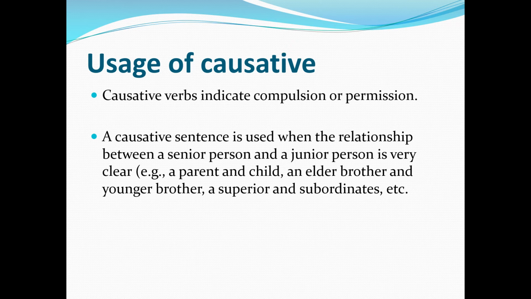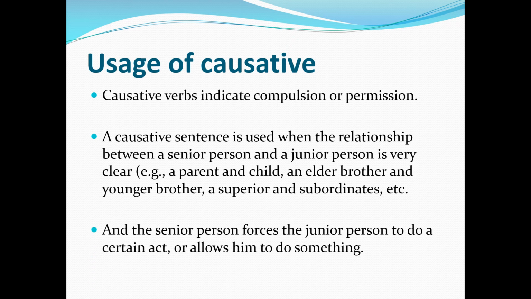Example, parent to a child, an elder brother and a younger brother, and of course, a superior and their subordinate, etc. Same as teacher and student. A causative verb may be used when the senior forces the junior person to do a certain act or allows him or her to do something. Again, just like when the mother let her daughter help her prepare breakfast, or when the teacher allowed the students to express their opinions.